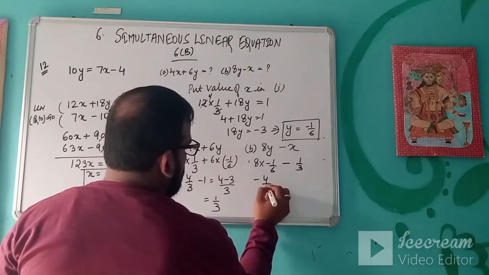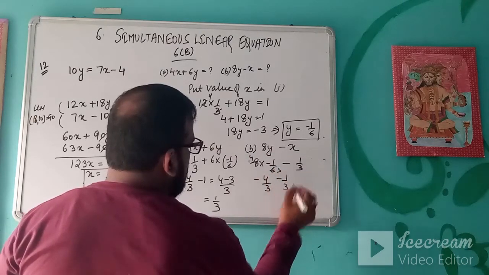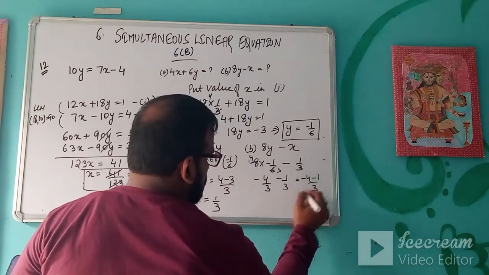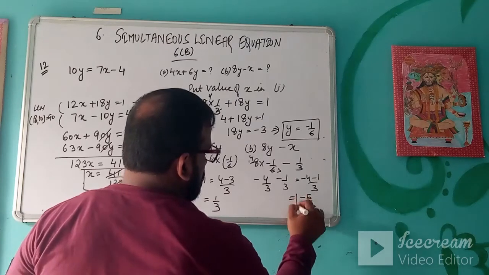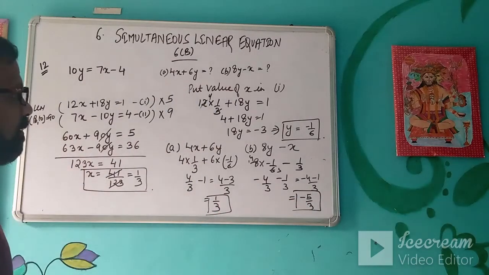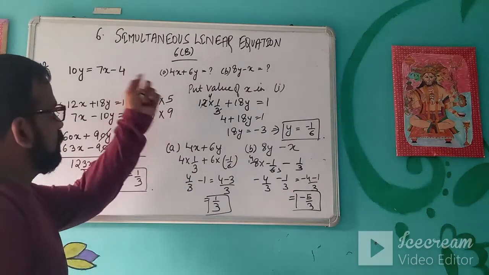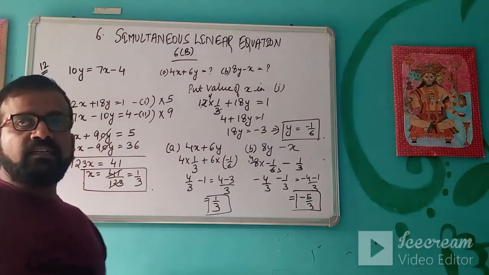So minus 4 by 3 minus 1 by 3, that is minus 5 upon 3. So this is the value of the second expression. So in order to find the value of any given algebraic expression related to these two equations, you first have to find the values of x and y.